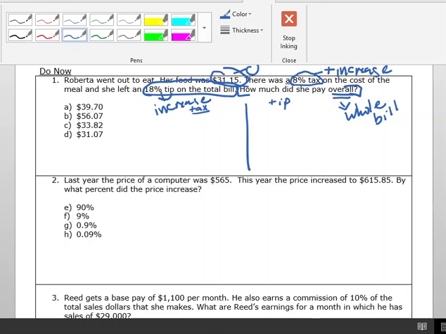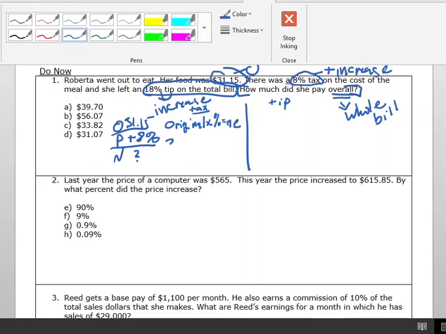Okay, so over here, her original is $31.15. Her percent increase is 8%. And so her new is what I'm looking for. So I'm going to go over here and do original times percent to give me new.